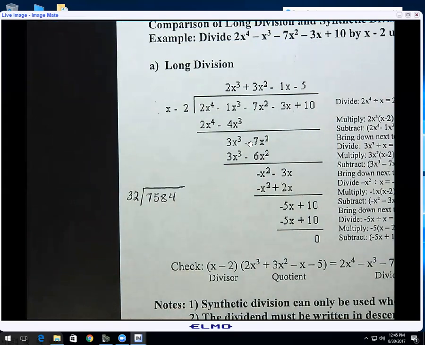Whatever you put on top, then you multiply that times 32. Then you subtract, you bring down the next digit, and you start all over again. That's the steps for long division. Divide, multiply, subtract, bring down, repeat.